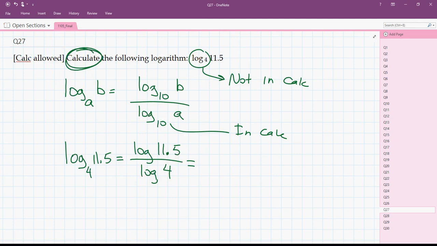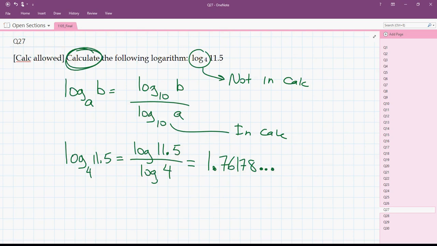So if you did put that into a calculator, log of 11.5 divided by log of 4, 1.76178... Just keeps going.